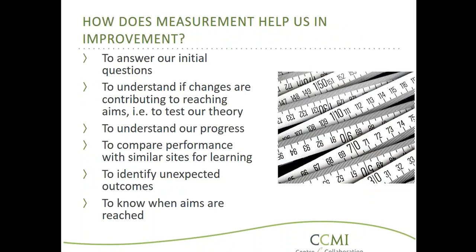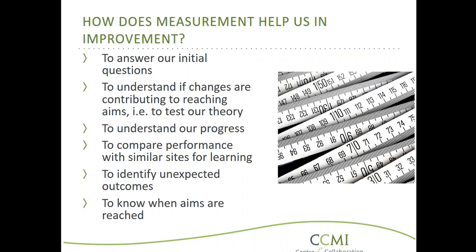How does it help us in improvement? It helps us to answer our initial questions as part of our aim statement, to understand if the changes are contributing to reaching our aim. I've been in some projects where we're testing changes and we think they're the right changes to do, but when we actually measure to see if they made a difference, they didn't. They were good ideas, but they didn't make a difference with respect to the aim that we had laid out.